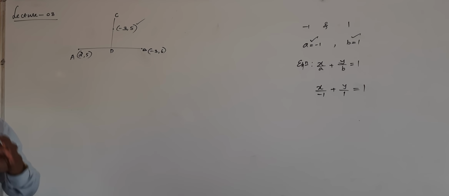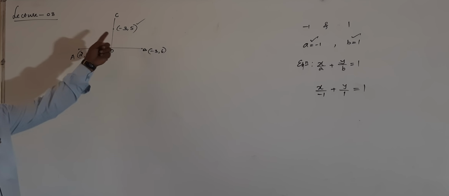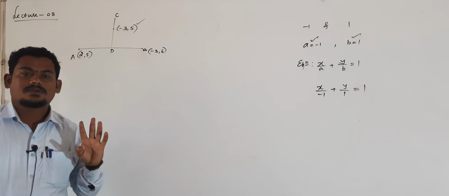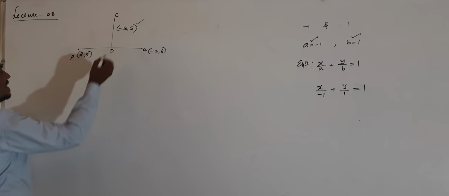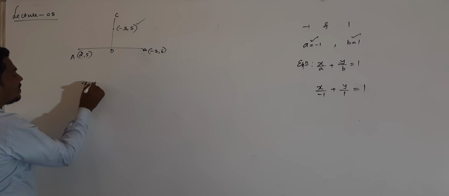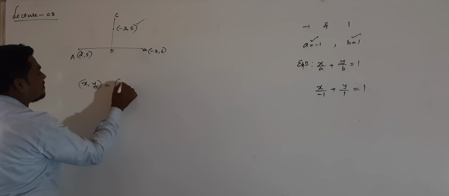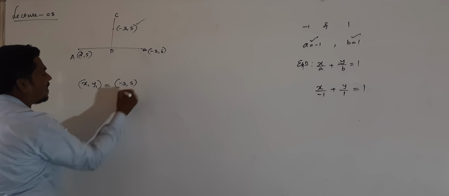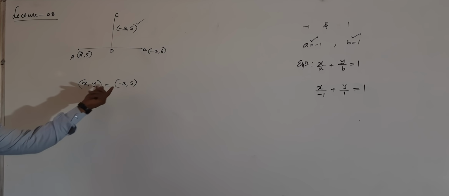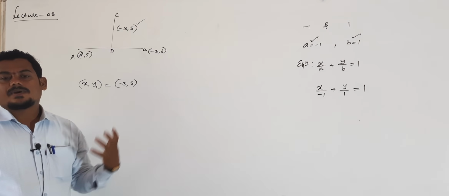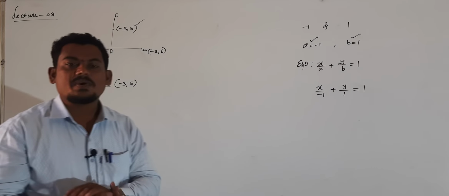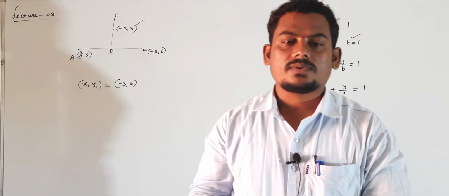Our required line passes through -3, 5, so take this as x1, y1, which is equal to -3, 5.